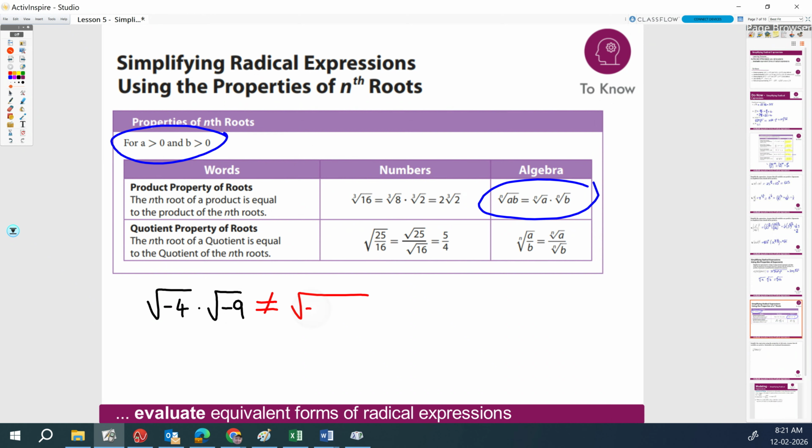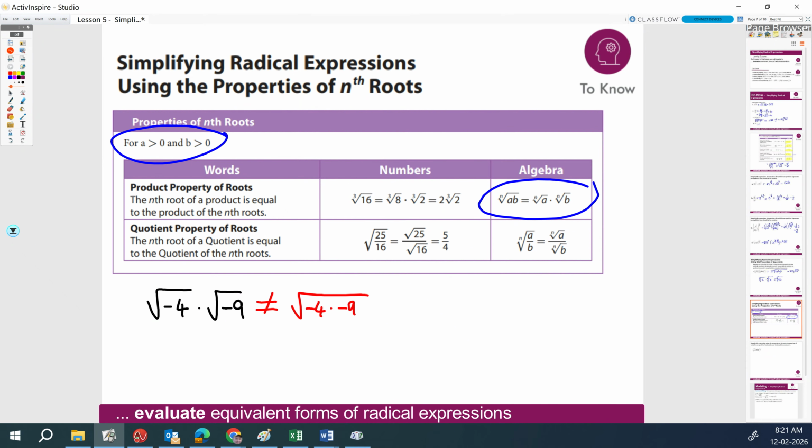That would give us minus 4 times minus 9, which would give us 36, which gives us 6. The correct way of doing this is just to simplify this to 2i times 3i, which is 6i squared, which is minus 6.